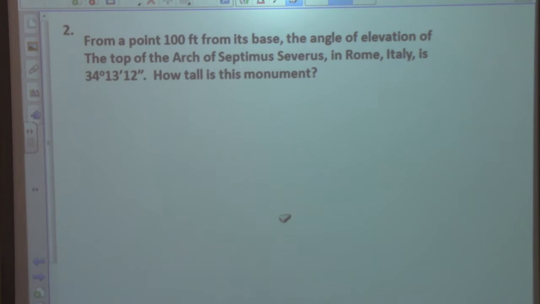Is anybody having trouble with the angle here? I'm confused about the angle, the inches or something. This comes back to one of the very first things we did this semester, where we went to DMS. Did anybody figure that out? I got 34.22. You just divide the number by 60.